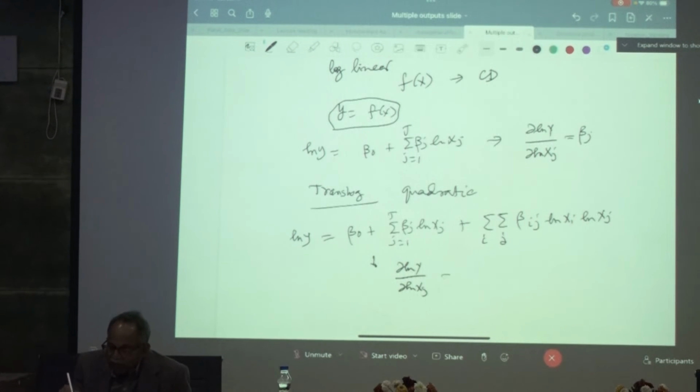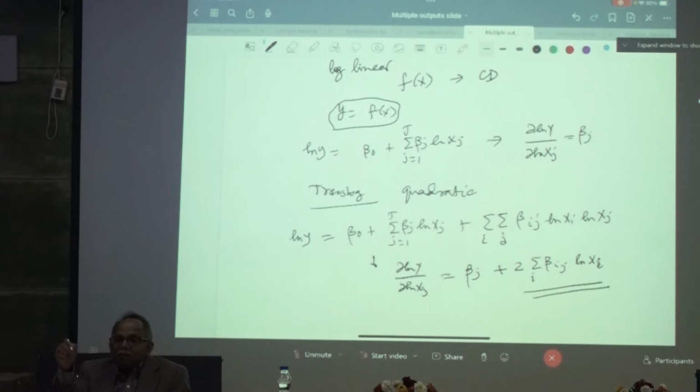So that's going to be equal to beta j as before, and again there will be another term coming from here, and that's going to be 2 times summation of beta ij, sum over i, and then log of xi. Okay, so you have this extra term in here. And remember you have x in there.